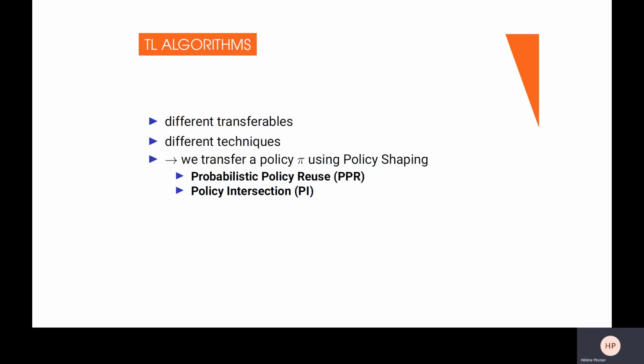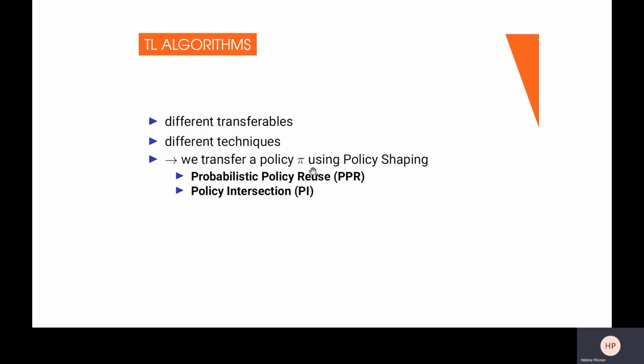If you have sophisticated neural network architectures with several bits to them, you may just want to transfer the whole policy directly, but not your critics if you have an actor-critic algorithm. And then the ways to transfer these components also may differ. So you have a lot of different combinations of the transferables that you consider and the techniques that you use.